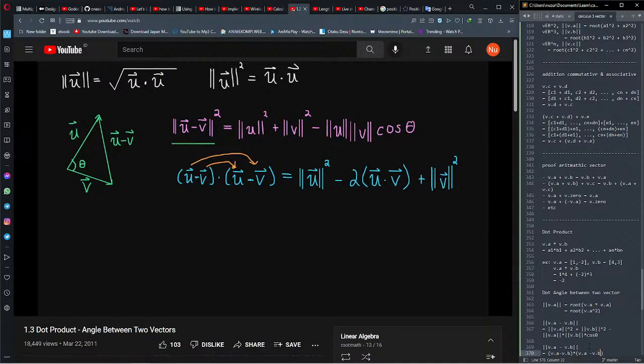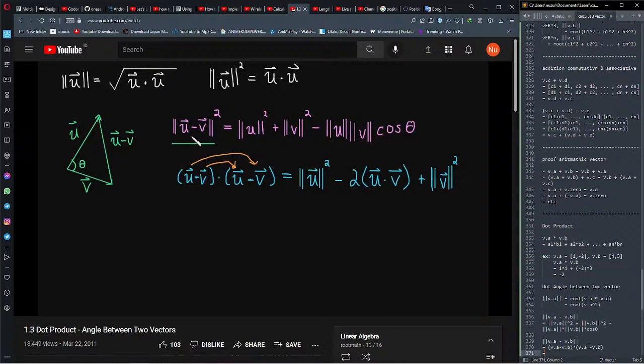So why don't we substitute that into the law of cosines, essentially what we have. So this is the length of u squared, minus 2 u dot v, plus the length of v squared is equal to the length of u squared.